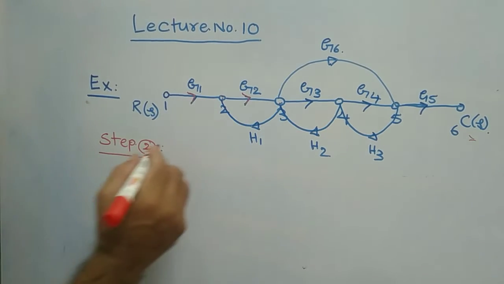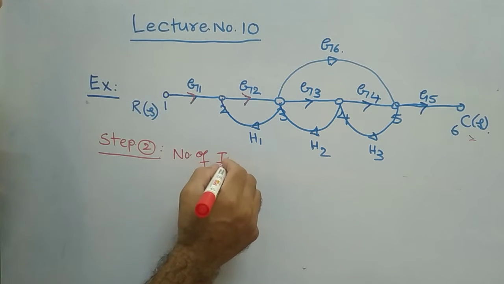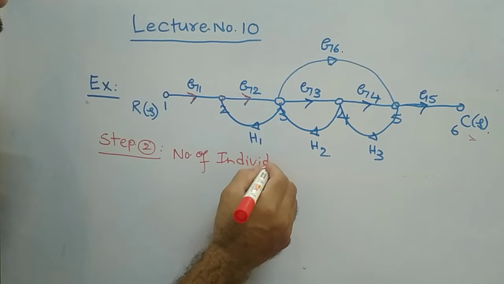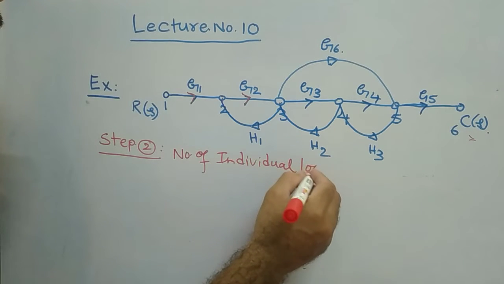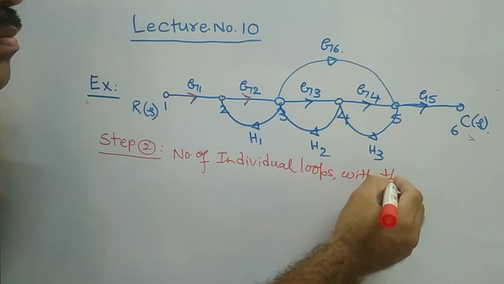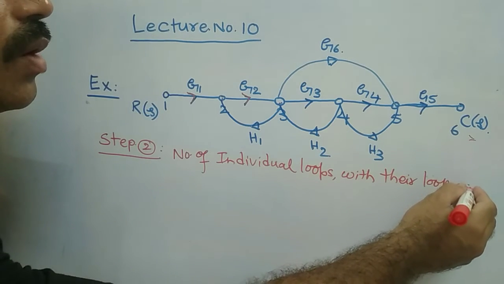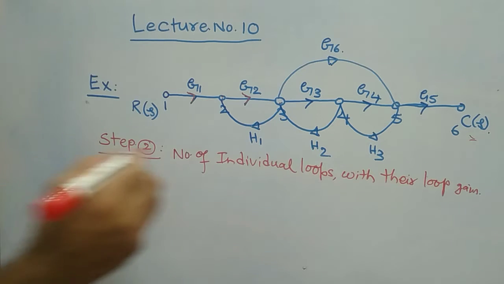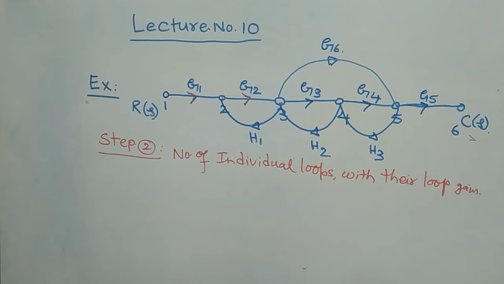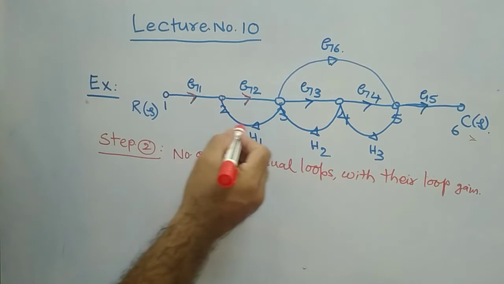In step number 2, you have to write down the number of individual loops with their loop gains. Individual loops are identified by the letters L suffix 1, L suffix 2, L suffix 3 and so on. So how many individual loops are there? This is one individual loop.